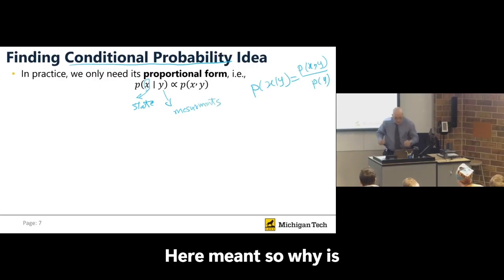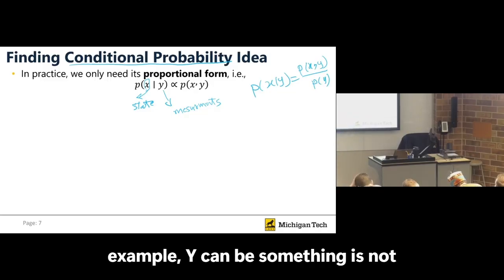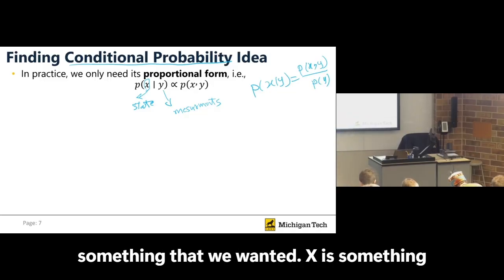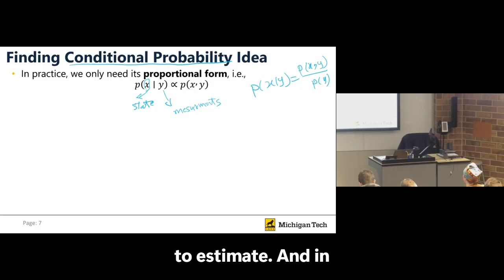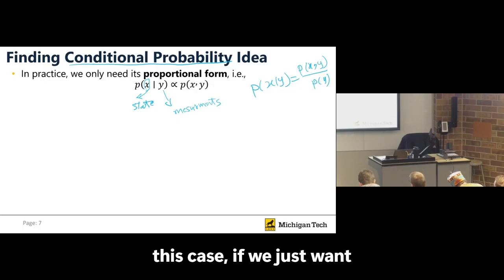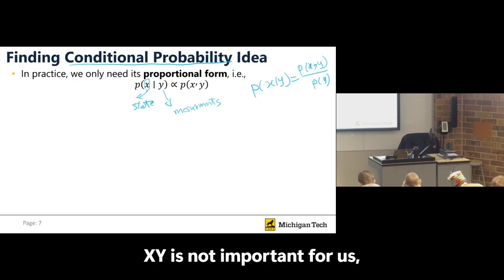Measurements. So y is measurements. For example, y can be something that we don't want, while x is something that we want to estimate. If we just want to maximize the probability to find x, y is not important for us.